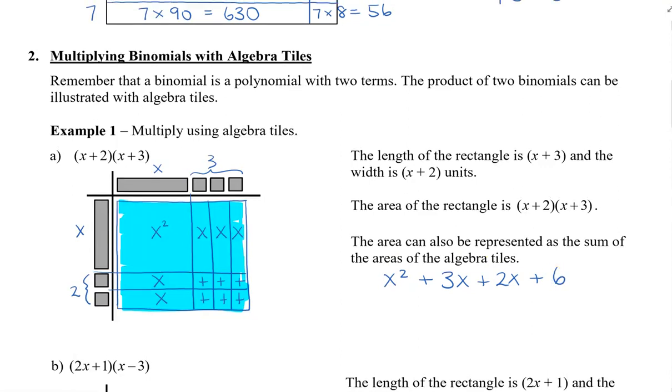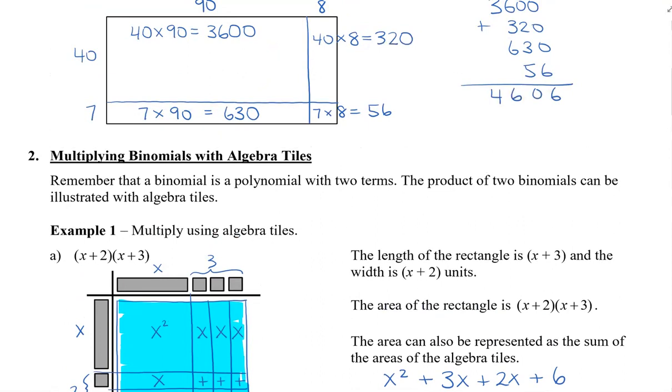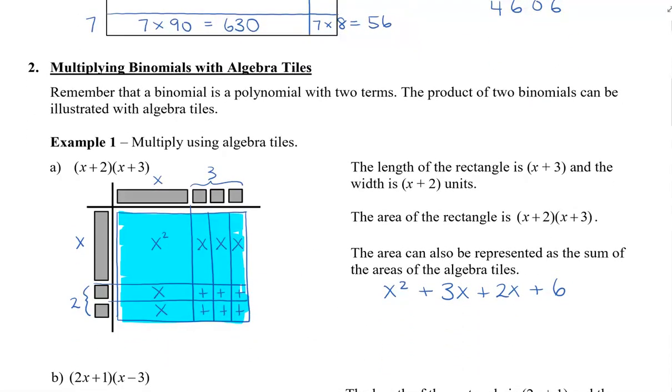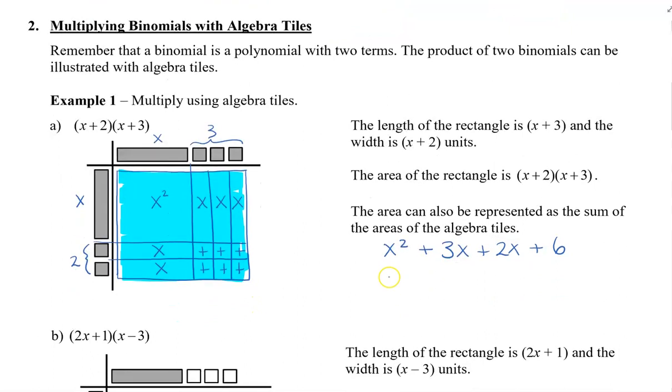So you can see, just like a rectangle from above, we divided up our area into 4 pieces, into 4 rectangles. So a big one here, 2 skinny rectangles, and then a small rectangle on the bottom. Just like here, we have a big x squared, our x's on the top and the bottom here, and then 6 single units here. When we simplify, we're going to get x squared plus 5x and then plus 6.